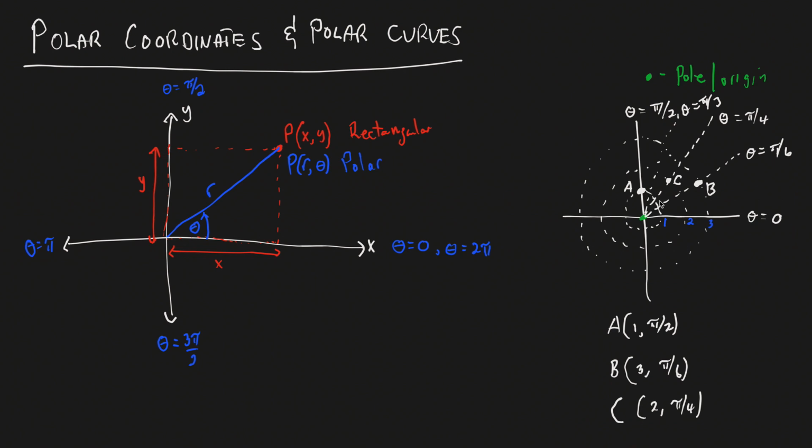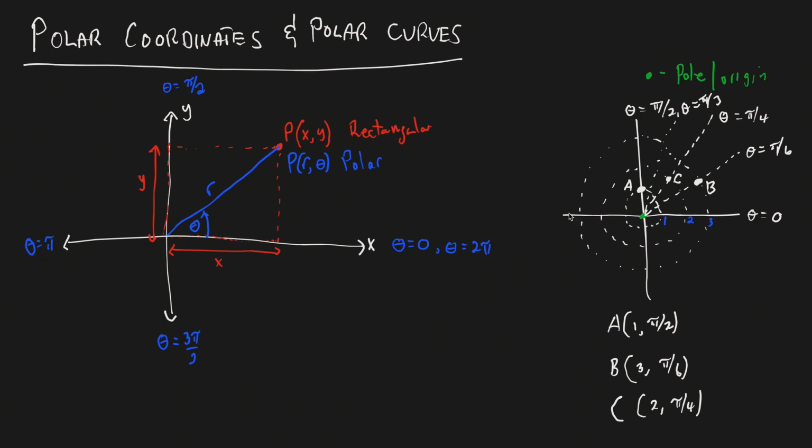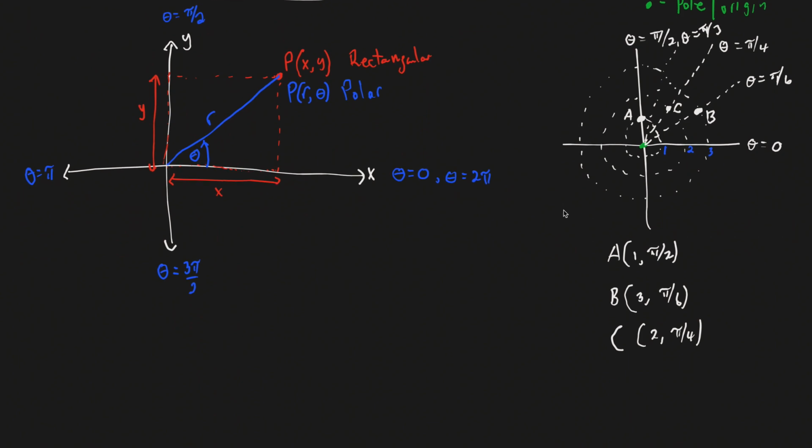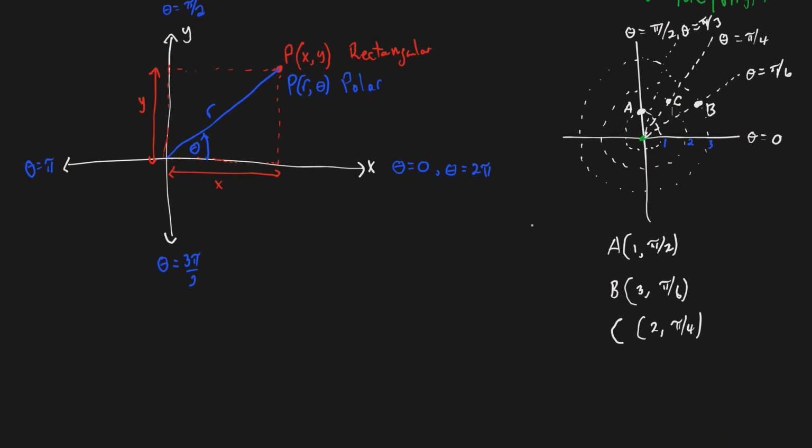A couple more things that we're going to do before we wrap this video up. One, how would we represent a curve in this coordinate system? Well, the standard way of representing a polar curve is to write r, the radius, as a function of theta.